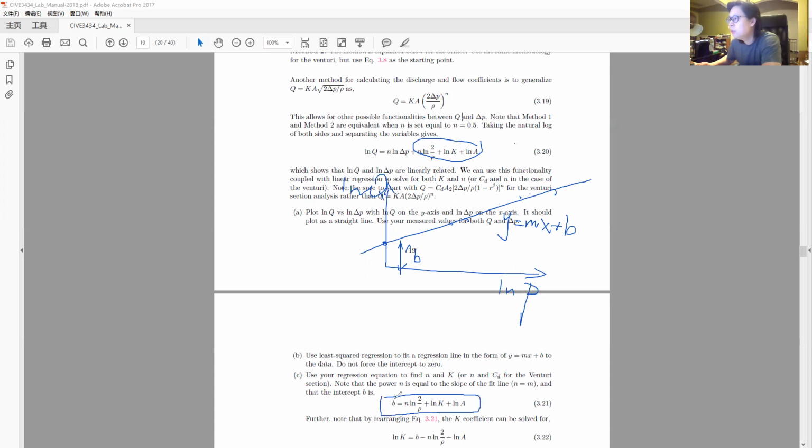Once you get the equation for the regression line, your b will become like this. So b is from Excel. You will get the b from Excel, and n is the slope. So n is the slope in here. The n is equal to m in here.